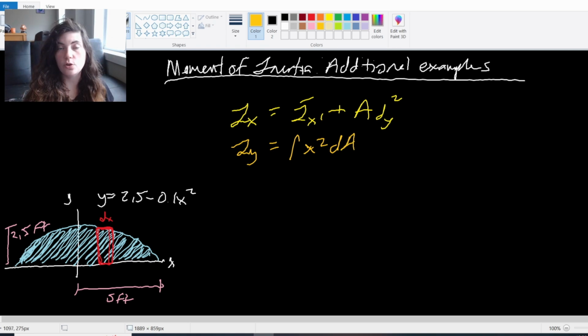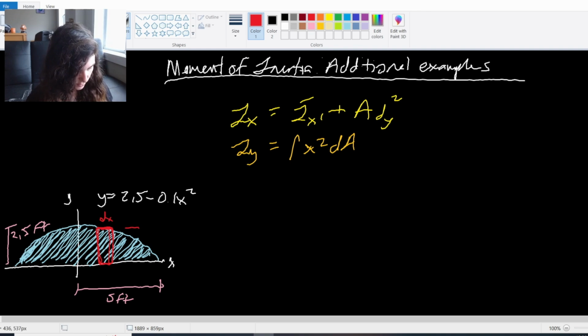Now that we have our 2 equations that we can use with this dx slice, for our moment of inertia about the x-axis and about the y-axis, we can pull out the information that we need. Again, we have a dx slice.